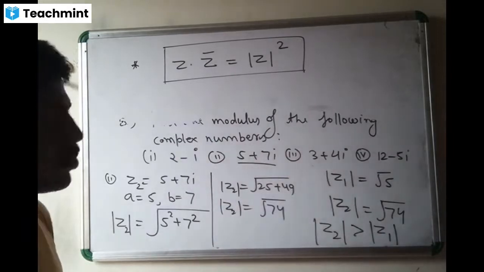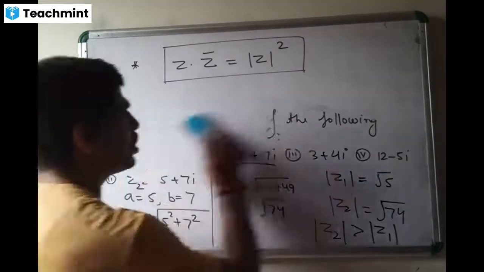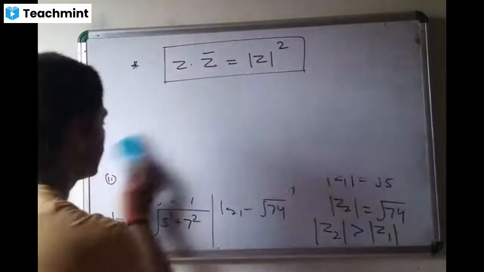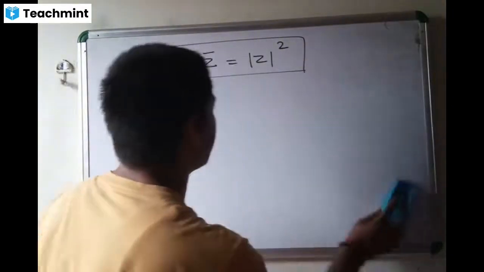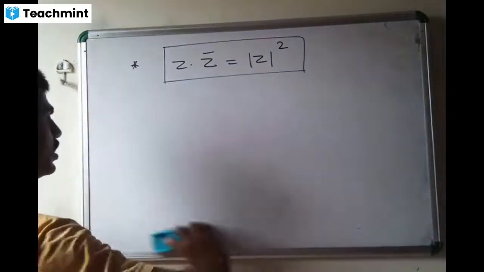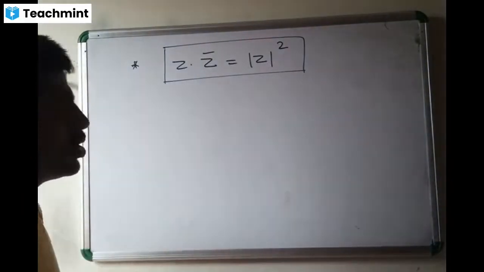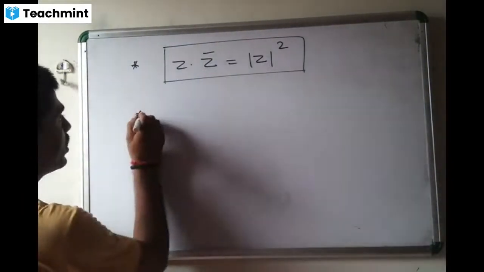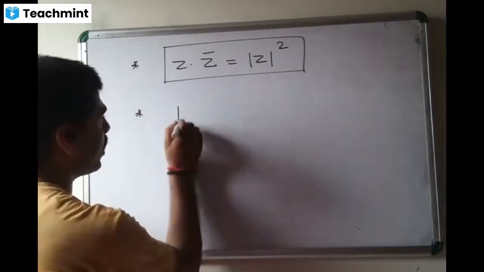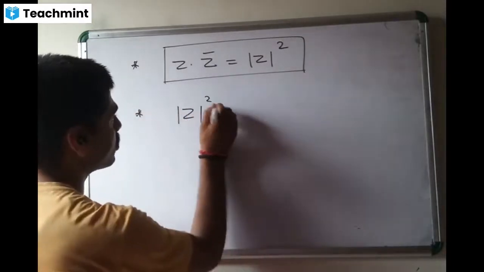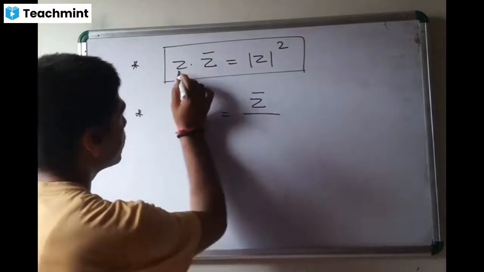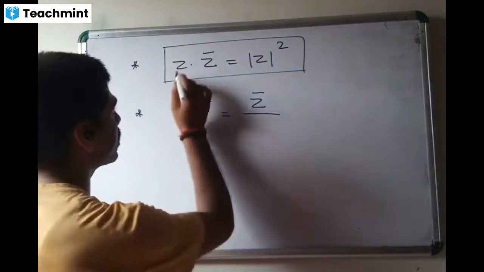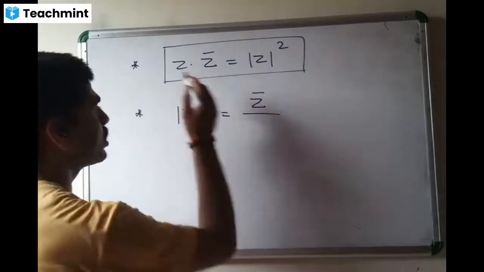And beta, you know very well, Z inverse is the reciprocal, the multiplicative inverse of the complex number. So here you will find one more relation: the square of the modulus is equal to Z bar upon Z inverse.